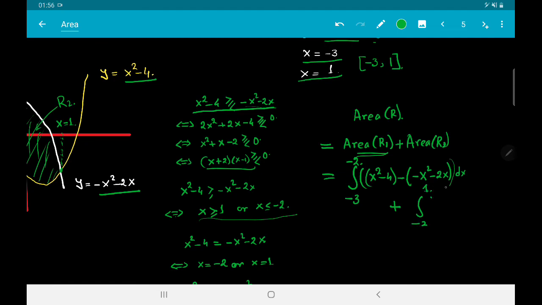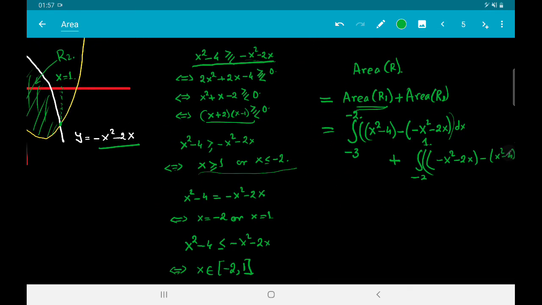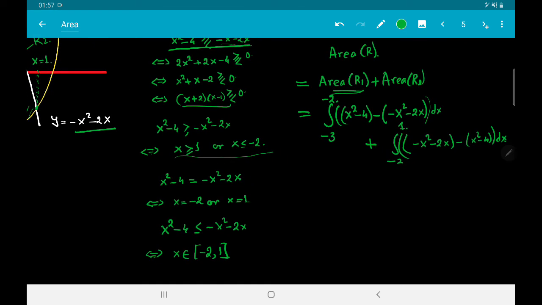Here we will change the order in which they appear: minus x square minus 2x minus of x square minus 4 dx.